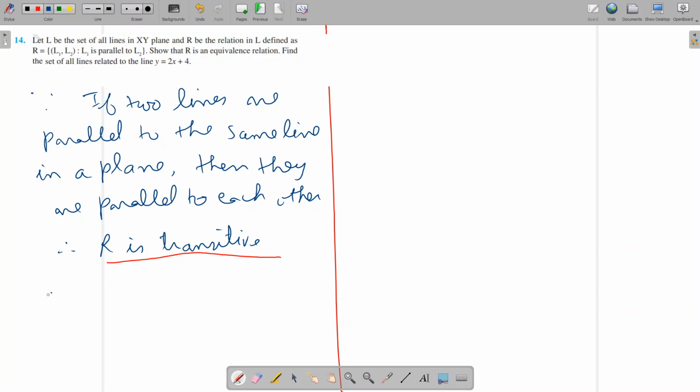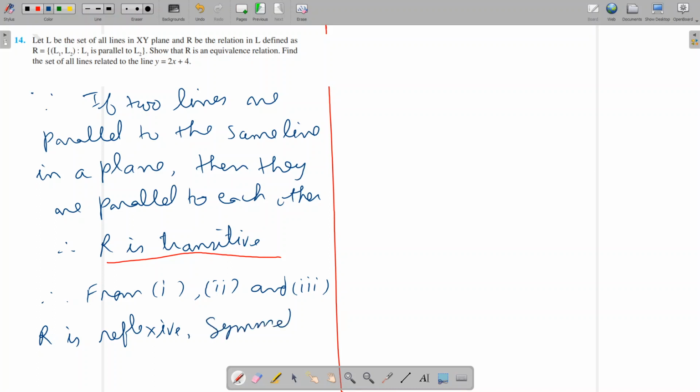Therefore from 1, 2 and 3, we can say that R is reflexive, symmetric, and also transitive.